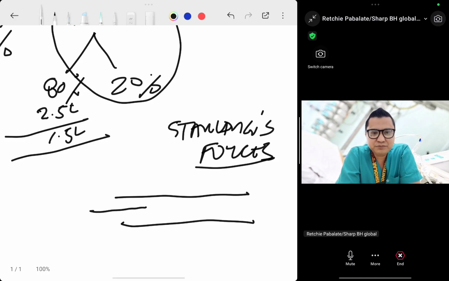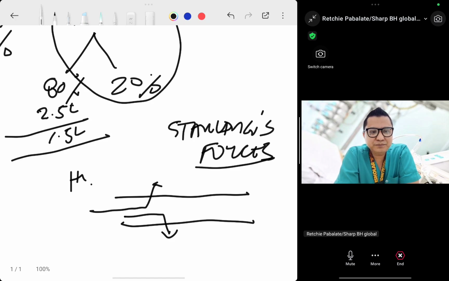We have the hydrostatic pressure, which is generated by our heart. Every time our heart contracts, every time our heart beats, it generates a force which we call hydrostatic pressure. This hydrostatic pressure will push the water into the tissue.